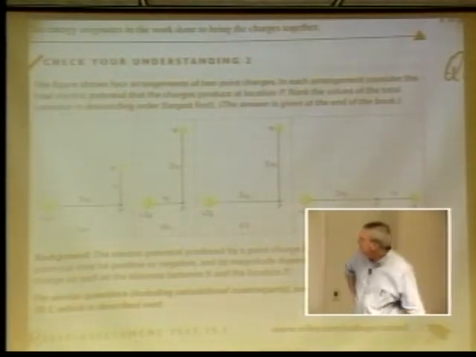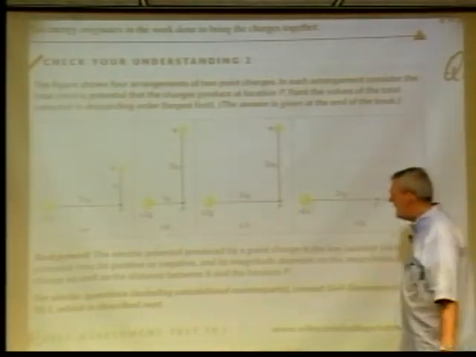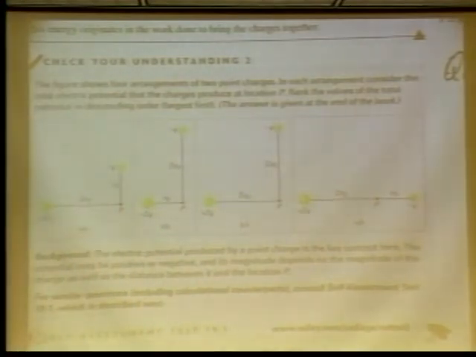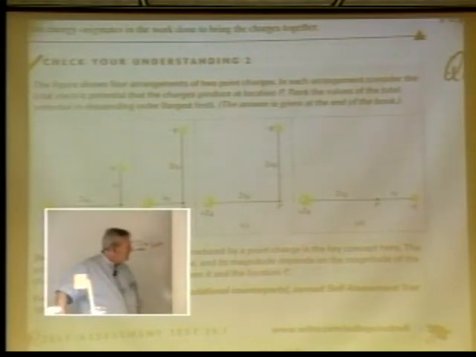What does it say? Descending order. Yeah, the largest one first. Which one of these configurations has the largest potential? Which one has the smallest? And two of them are the same.